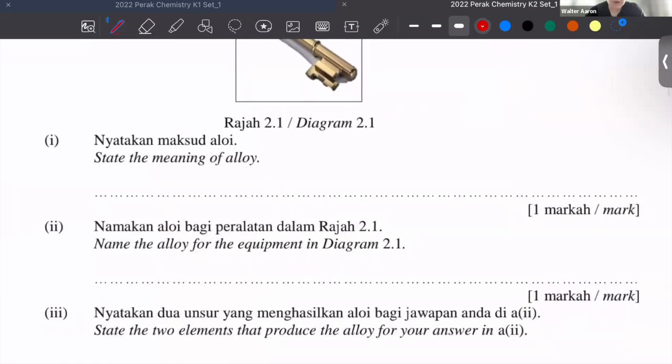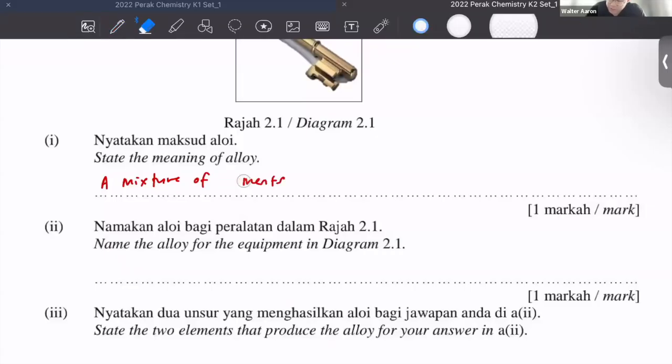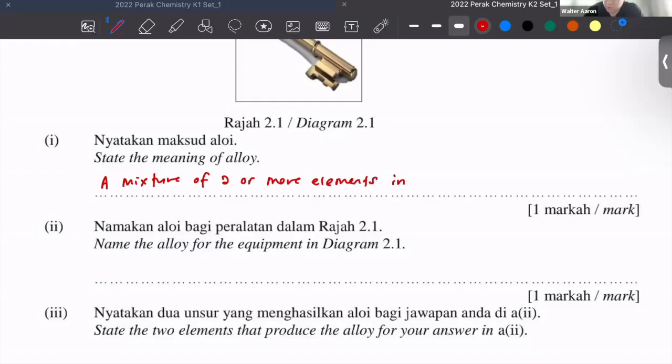So you put here a mixture of elements, or you can just put there 2 or more elements in which the main element must be a metal.